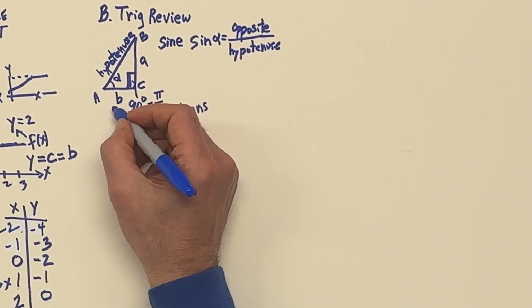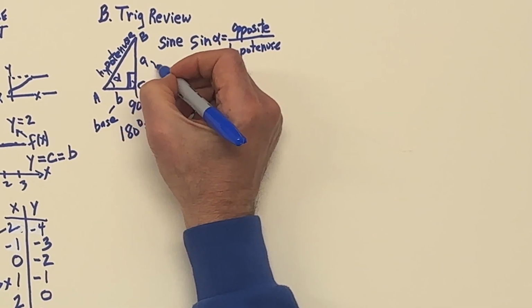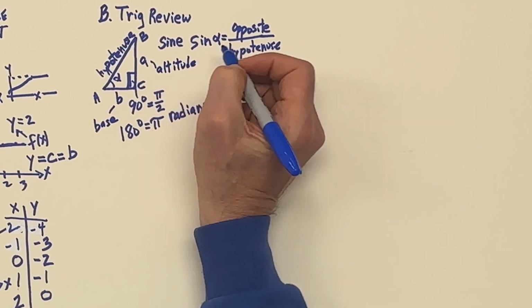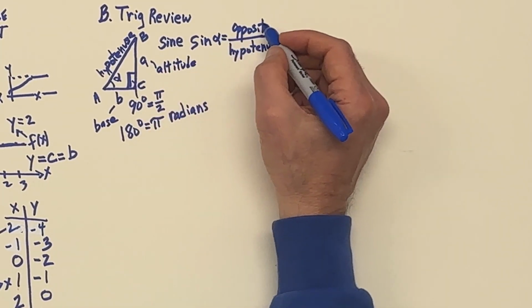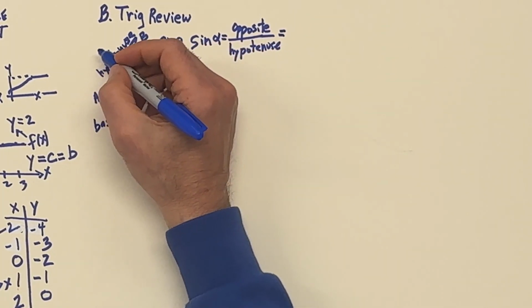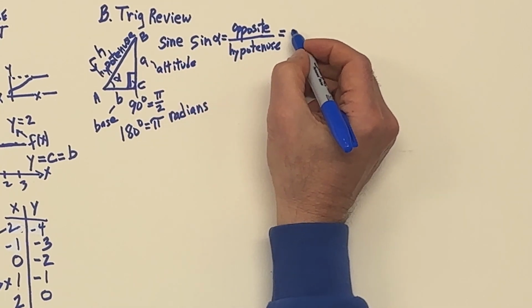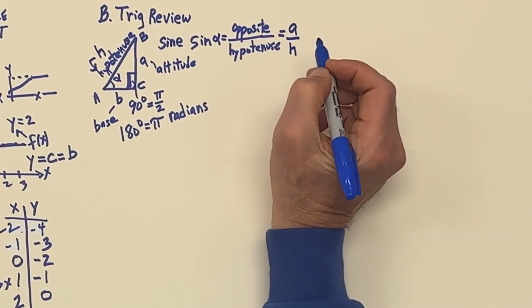Just think of B here as being the base of the triangle, and you can think of A as being the altitude of the triangle. So the opposite over the hypotenuse would be, if I call the hypotenuse H for the first letter, A over H.